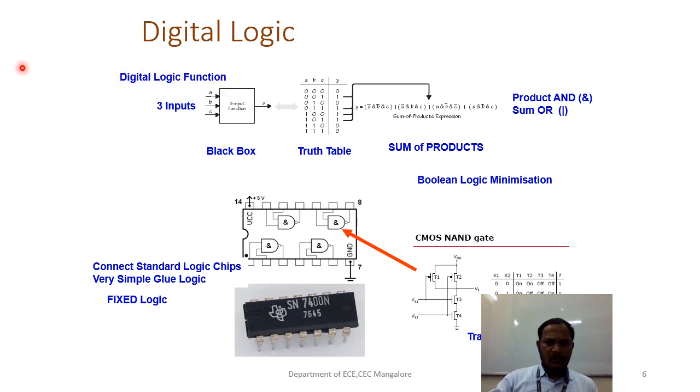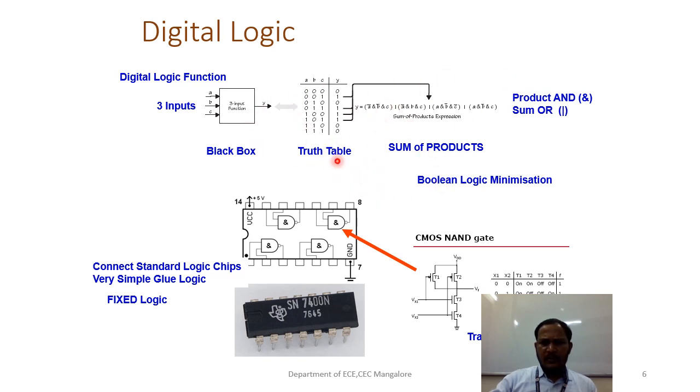I think you have already studied digital electronic circuits. You start with a problem statement, where some functionality is given, and you reduce that functionality by writing a truth table and get a boolean expression.